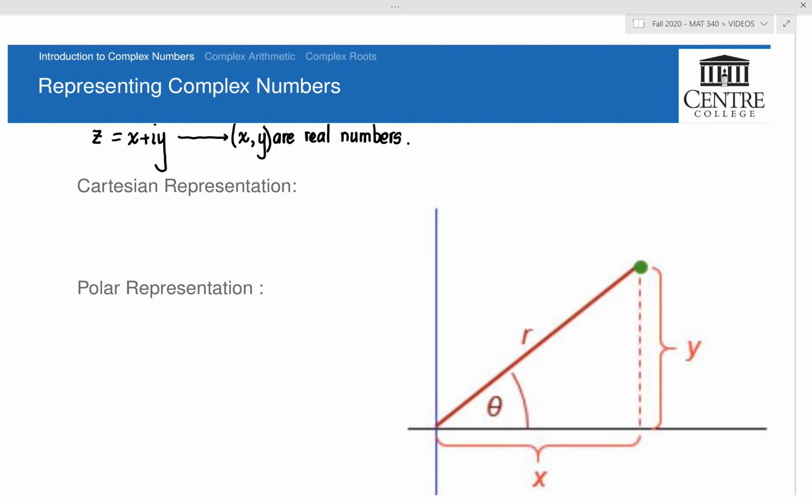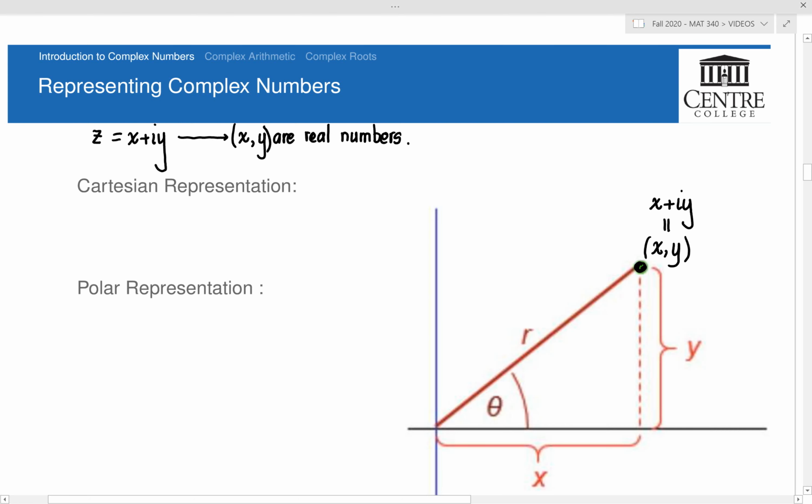If I give you a pair of real numbers x comma y, to plot that on a Cartesian plane we go x units in the x direction and y units in the y direction, and this point is exactly x comma y. This is how we're going to represent complex numbers, by plotting the pair x comma y.